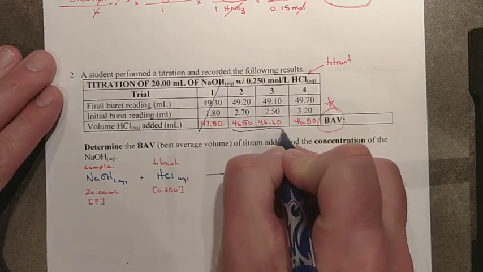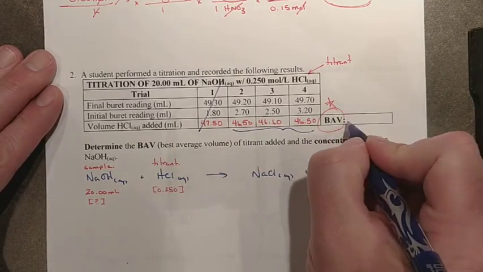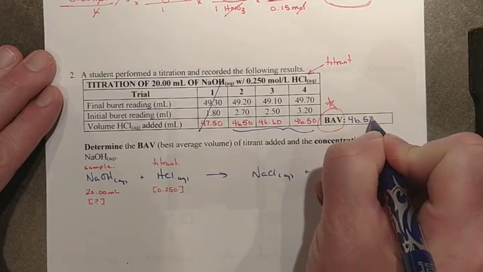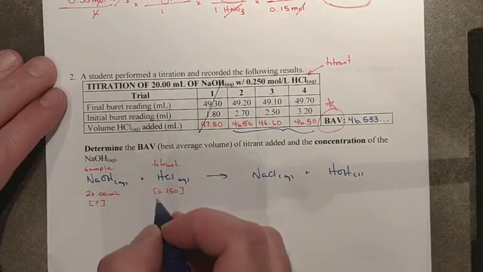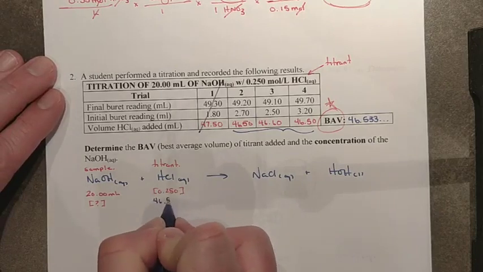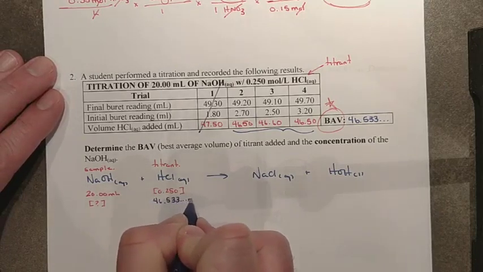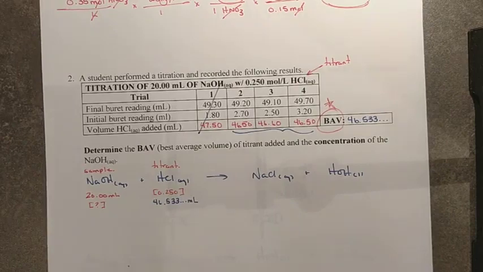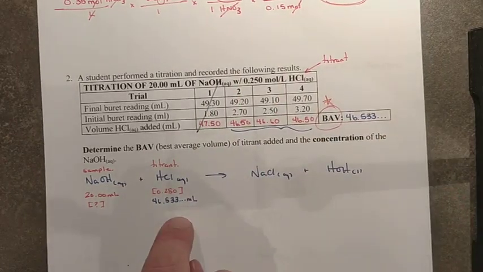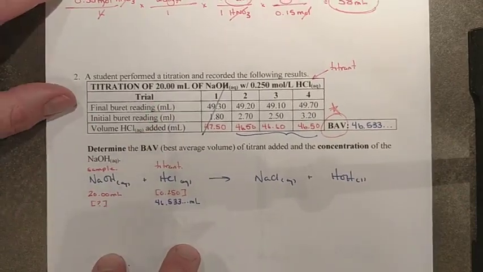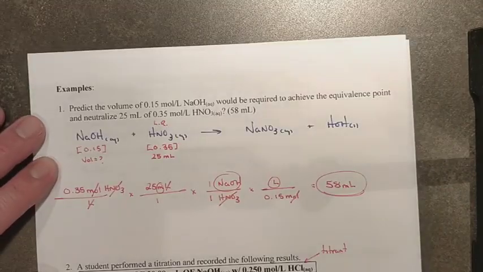And so we just take the best average volume of these 3, which is 46.533 repeating milliliters. So now I have a volume that I can now use. The data table was only there to get a volume of titrant so that I had enough information to be able to do stoich like I did up here.